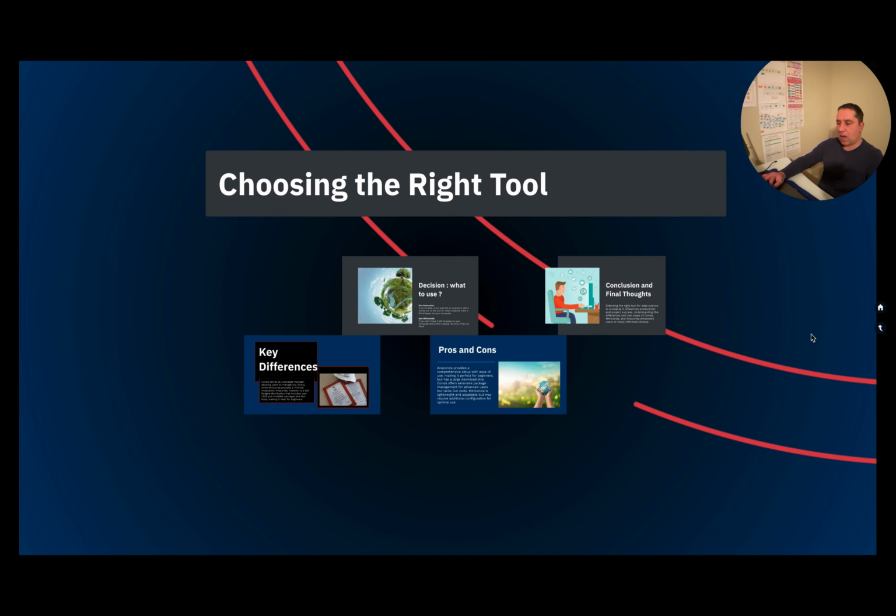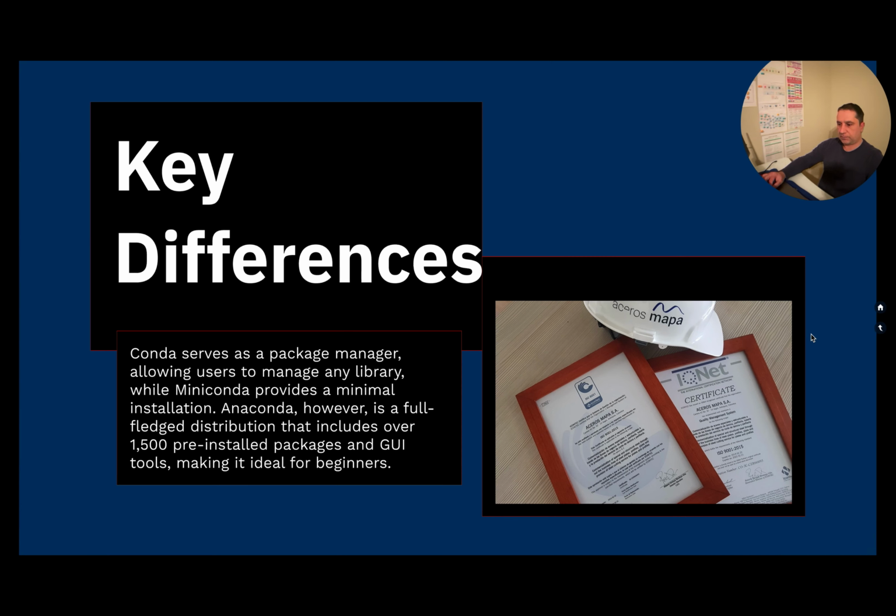So, how do we choose the right tool that is ideal for our project? Conda serves as a package manager, allowing users to manage any library, while Miniconda provides a minimal installation. Anaconda, however, is a full-fledged distribution that includes over 1,500 pre-installed packages and graphical user interface tools, making it ideal for beginners.